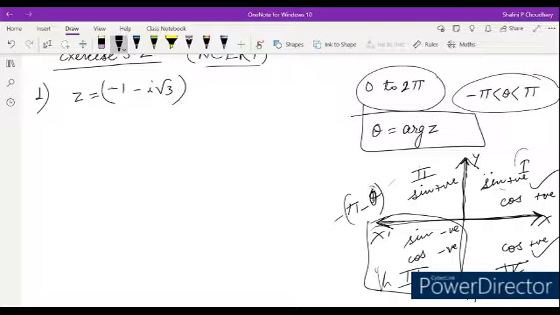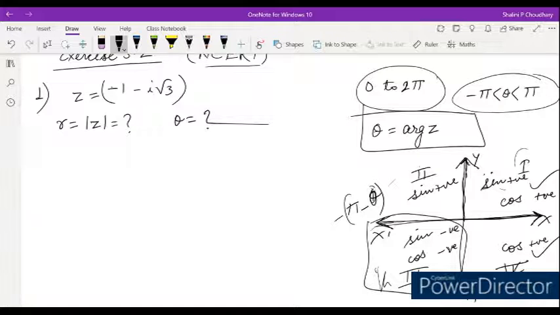The question is z is equal to -1 minus i root 3. So first of all, what we have to find out? We have to find out r, where r is equal to the modulus of z, and also we need to find out the argument, that is theta.